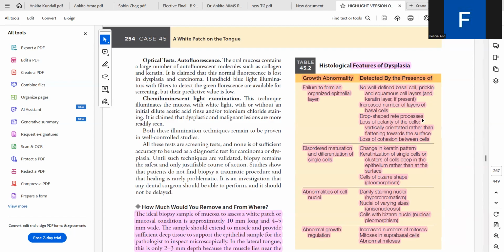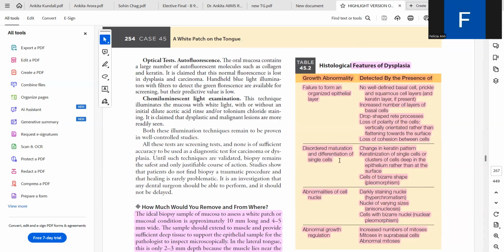Drop-shaped rete peg processes. Loss of polarity of cells, means the cells do not have their nuclei and polarity layered up, vertically oriented rather than flattening towards the surface, and loss of cohesion between the cells. So all these are features of dysplasia.